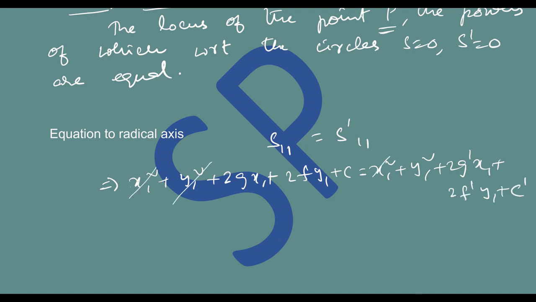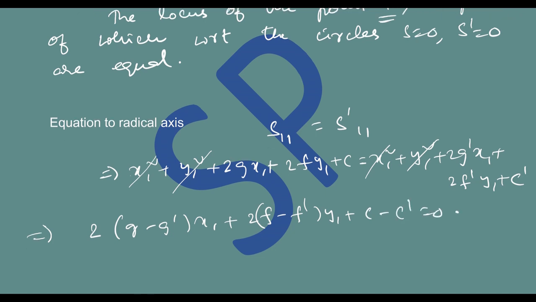So cancelling the terms that I can cancel on both the sides and writing everything one side, I'll get 2 times (g minus g dash) into x1 plus 2 times (f minus f dash) into y1 plus c minus c dash equal to 0.